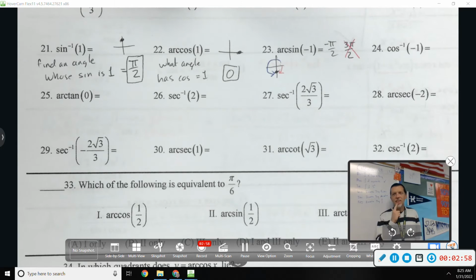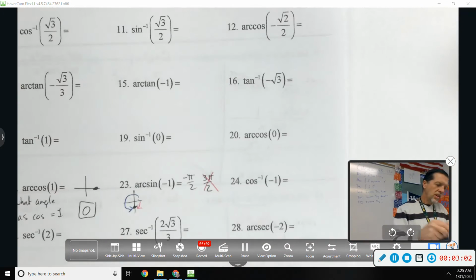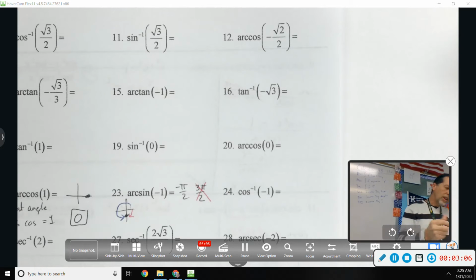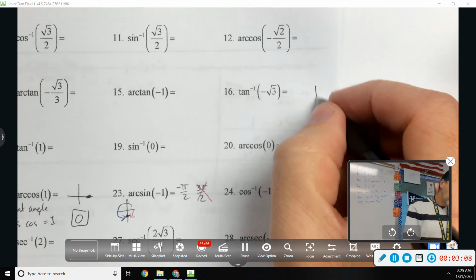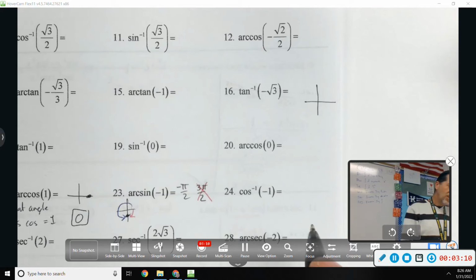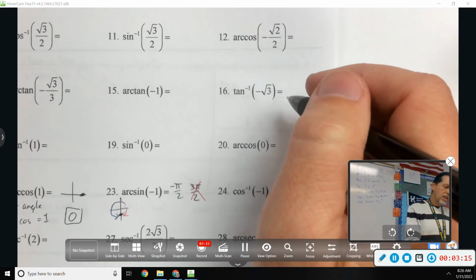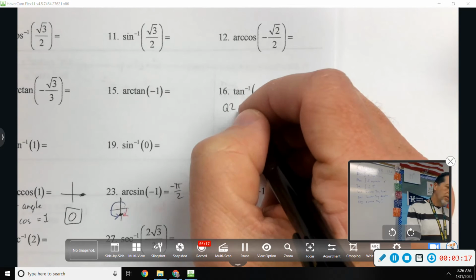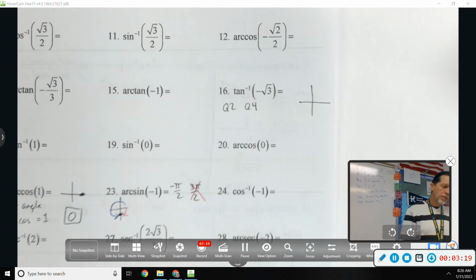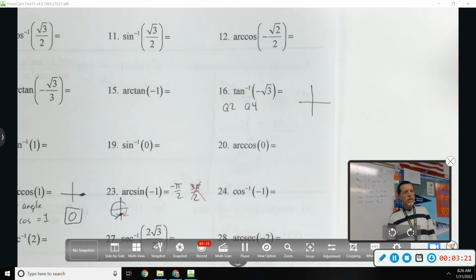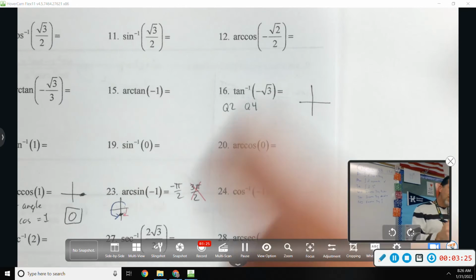Olivia? Can you do 16? Inverse tangent of negative square root of 3. So find an angle whose tangent is negative square root of 3. Tangent is negative in the second and fourth. Quadrant 2 versus quadrant 4. And root 3, there's the tangent 3 trick.